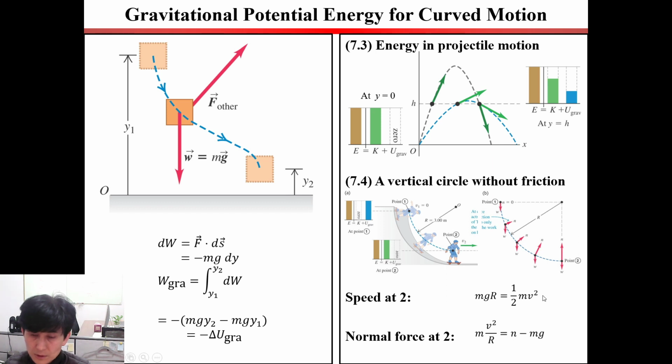We can also calculate, if this has a circular path, as we know the speed at the bottom in a circular motion, then we can calculate the acceleration with this. For a circular motion, acceleration a is equal to v squared over r. That's the important property of a circular motion. Because of Newton's law, force normal to the surface is equal to m times the acceleration, ma.